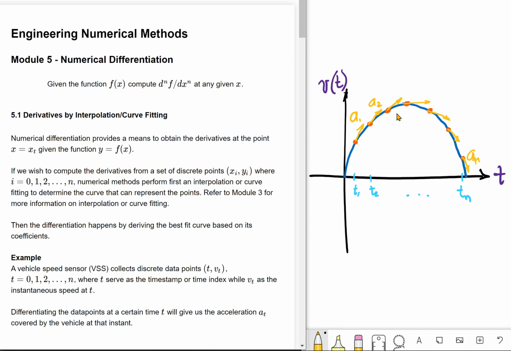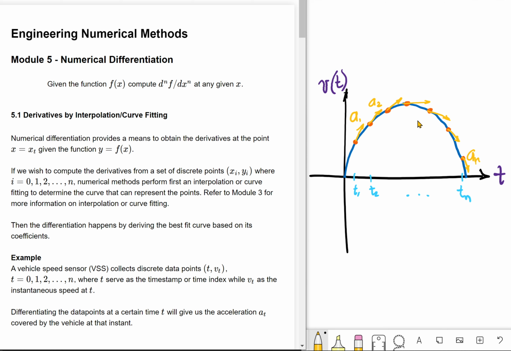So you have 7 data points for your velocity or speed, and first things first, there are two steps. First, we create the line or the curve that best fits the data points. Okay, so we have this solid blue line here, and then after that we differentiate that line using the coefficients of this line.